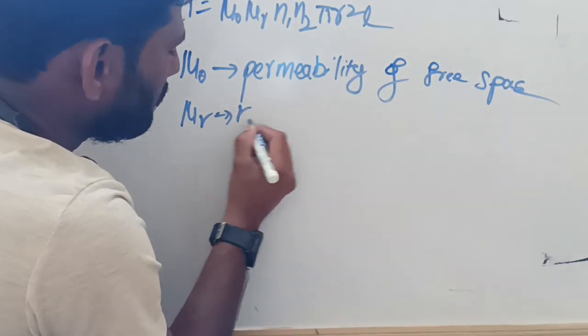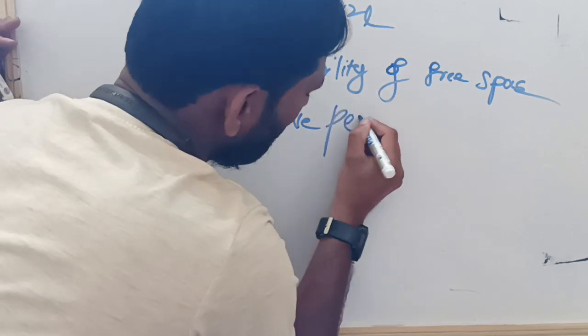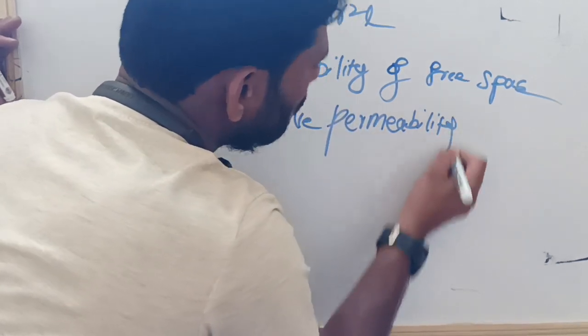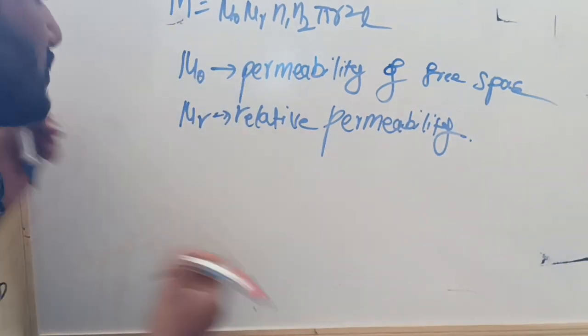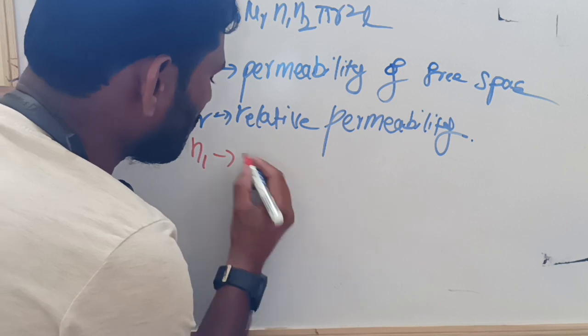Mu r, what is this mu r? R stands for relative, relative permeability. Mutual inductance means there should be two coils. So N1 means the number of turns of the primary coil or first coil.